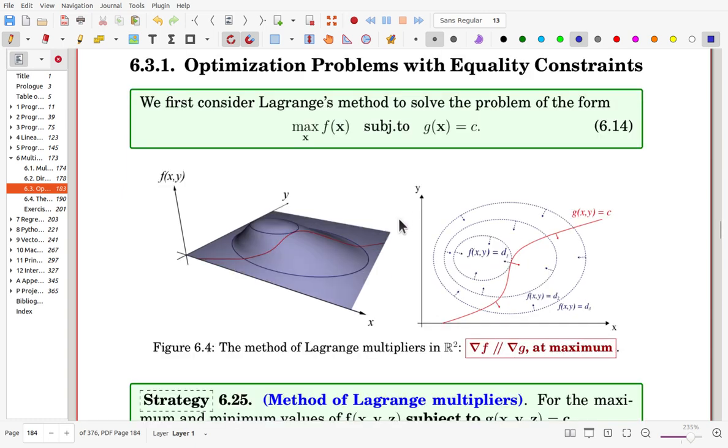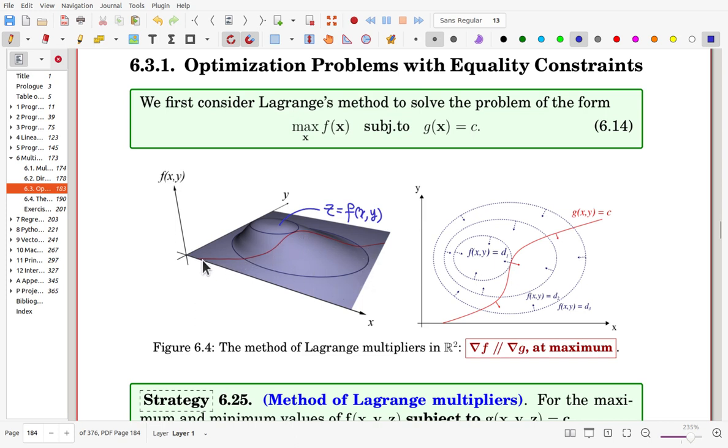Here, look at this picture. This one is z equals f of x, y, the surface. Now we try to maximize this function, and with the constraint, this curve is on the xy plane.